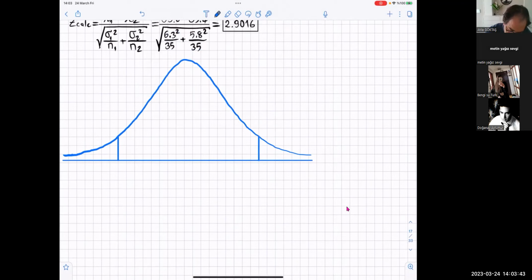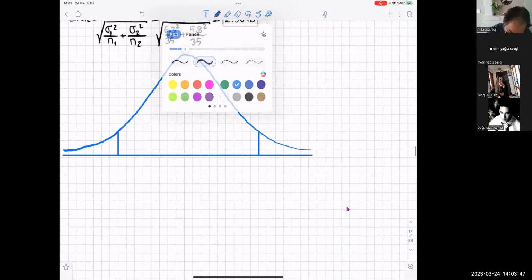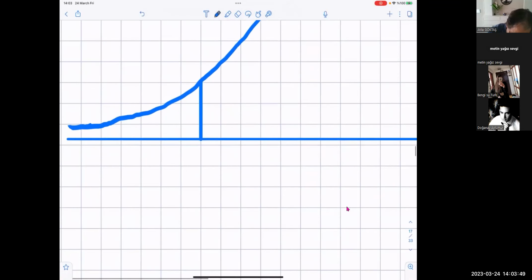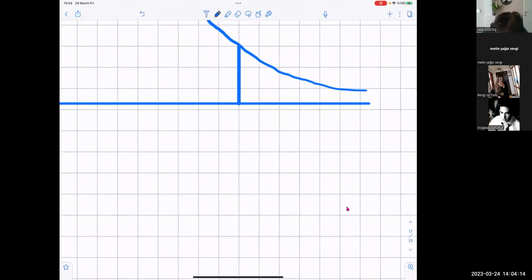This is minus 1.96, and this area is 0.025, which is reject the null.